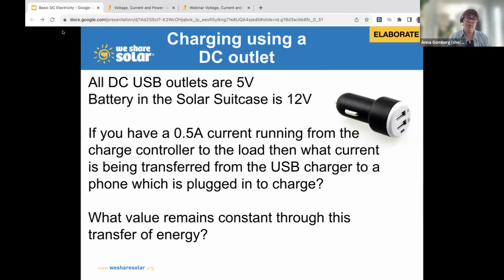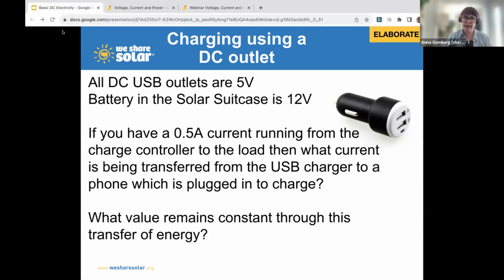The battery in the solar suitcase is a 12-volt battery. So this is being powered by electricity coming from a 12-volt battery that's going into an outlet that is going to send out 5 volts. So there's a question of, well, what's happening there?